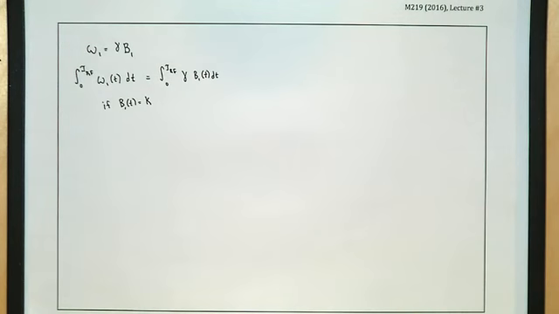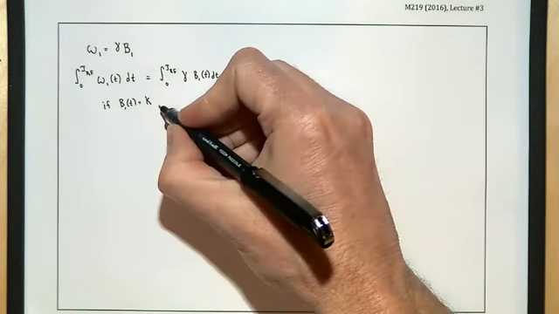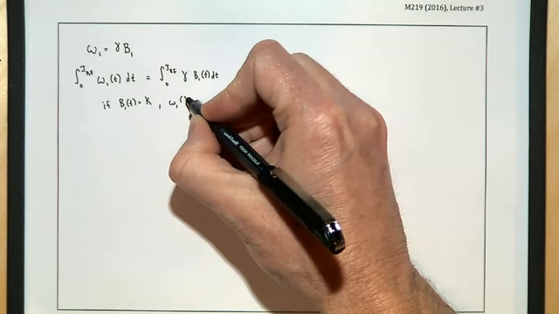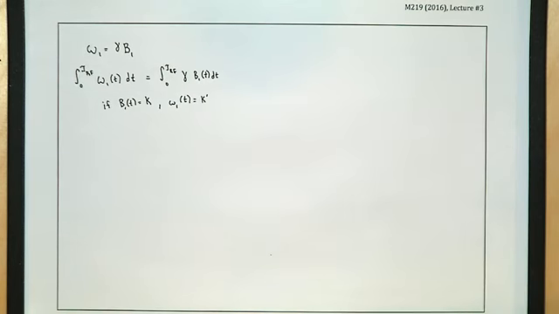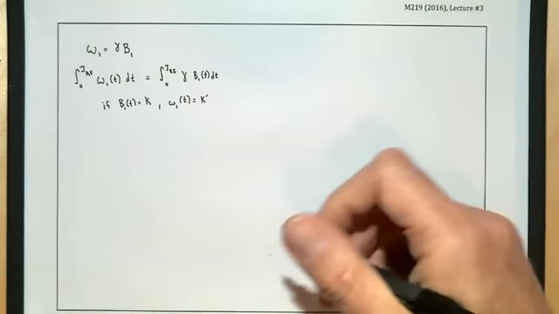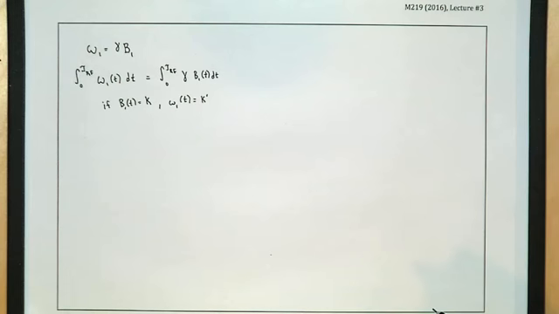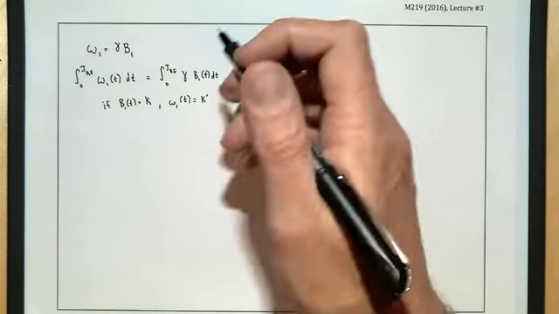Okay, so in the simplest case, if B1 of t is just a constant, that means that we turn B1 on and then we turn B1 off. It's like using that rect envelope function. Then we know that omega 1 as a function of time is also just some other constant. The fact that they could be functions of time isn't really relevant, and we just have a finite integral.